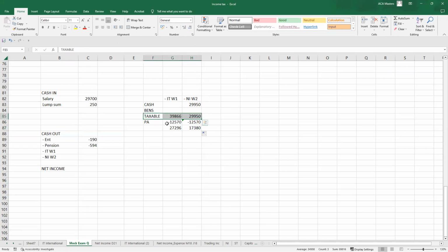So we've got the taxable minus the personal allowance, and then we've got the amounts which will be subject to tax. Now we know that income tax is all going to fall within the basic rate band, so that's all going to be at 20%, and then the national insurance is going to be at 12%.